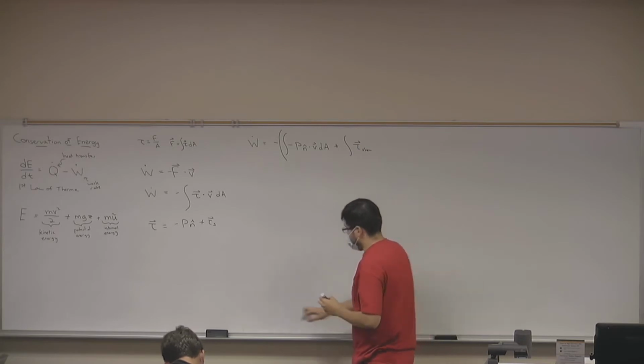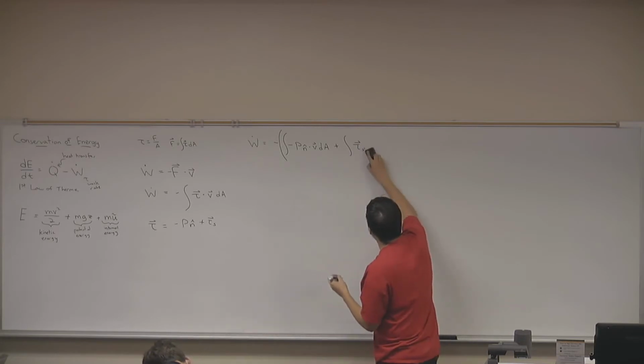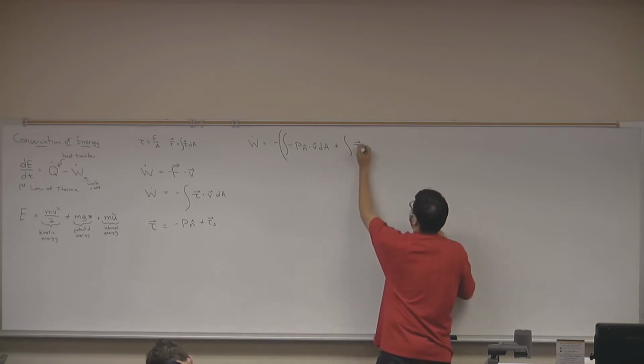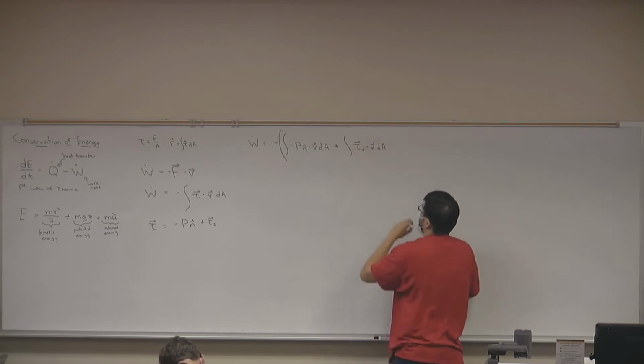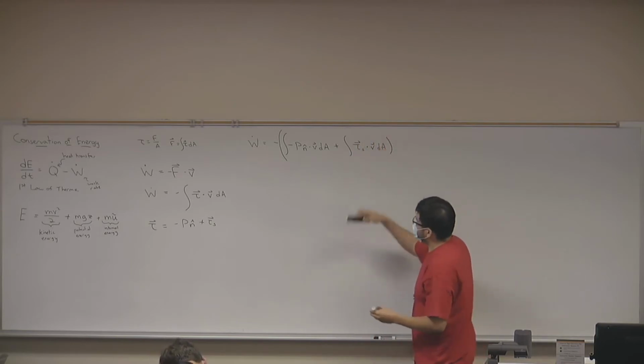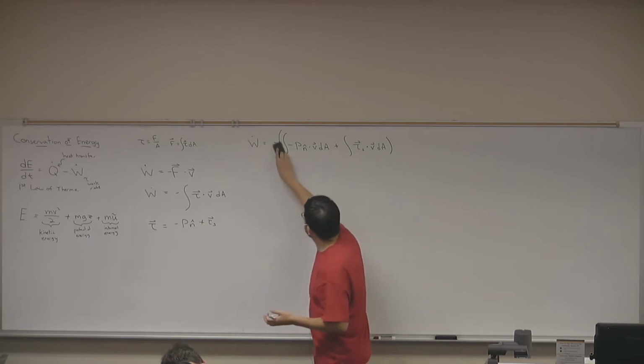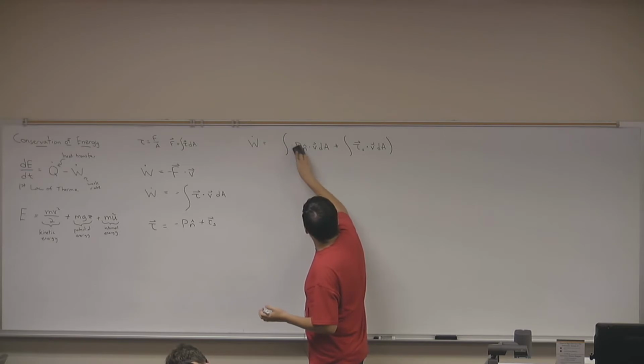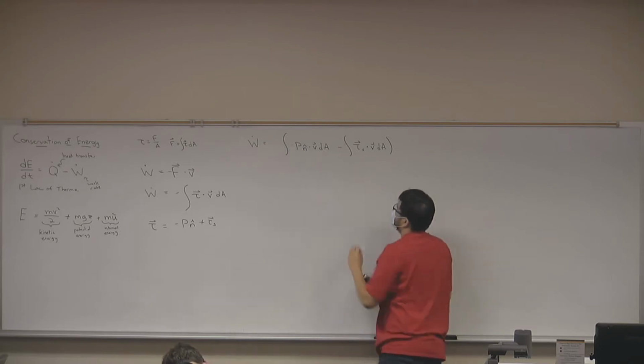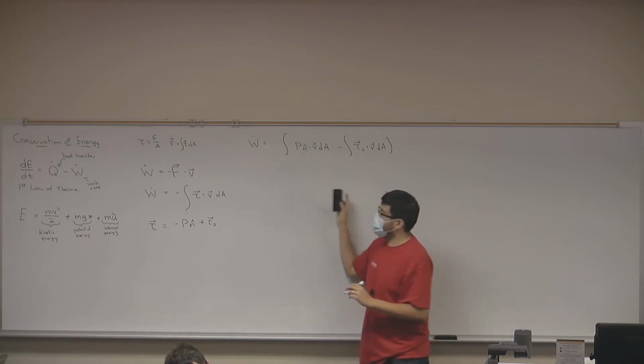I'll just write tau sub s, shear stress dot V dA. I'm just going to apply, right, negative times a negative is a positive. Can we agree on that? Okay. And then negative times a positive is simply a negative. So this is essentially my work rate.